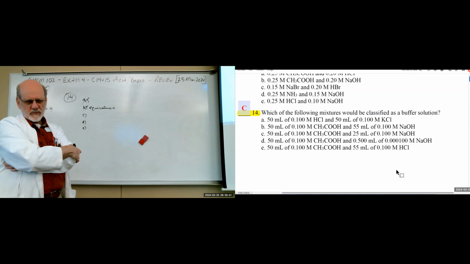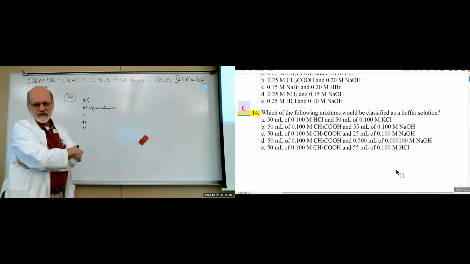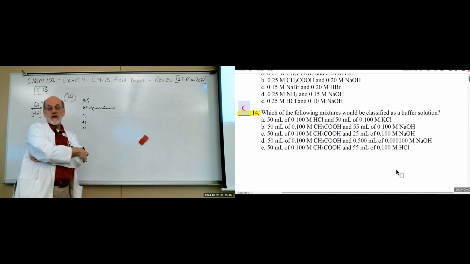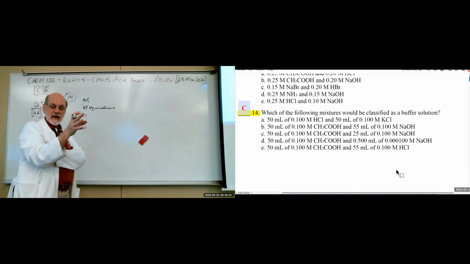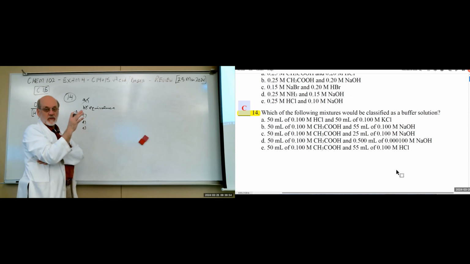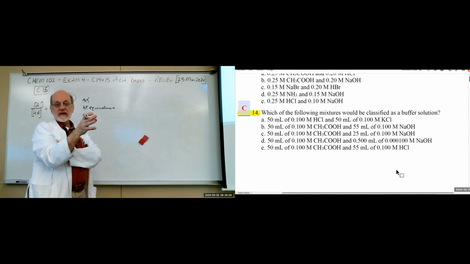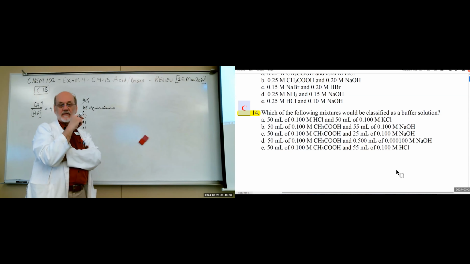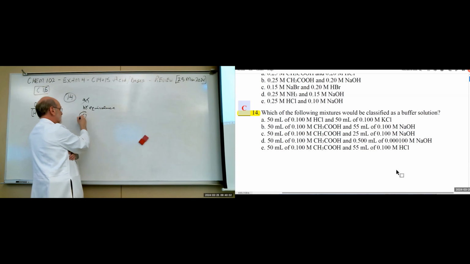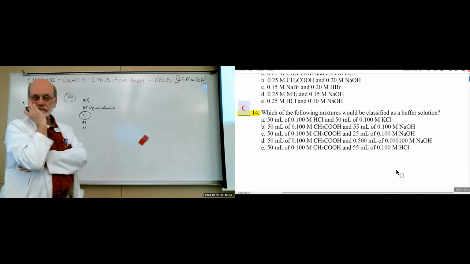C, 50 milliliters of 0.1 molar acetic acid and 25 milliliters. If you got half the equivalence volume for that, for C, equivalence would be 50 milliliters of base. Half the equivalence would put you right in the middle of the buffer zone. So C is the best answer so far.